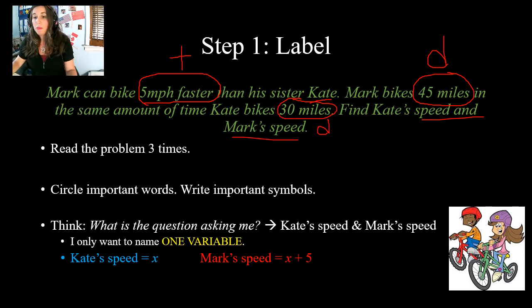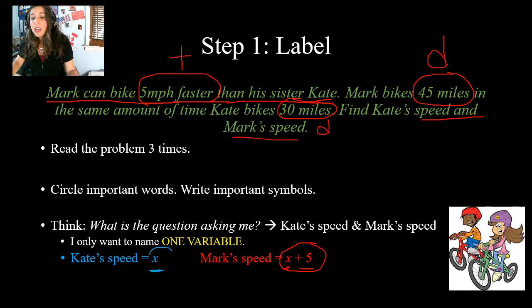Let's give it the variable name X. How do I write Mark's speed in terms of Kate's speed? Well, I know something about Mark's speed. I know that Mark can bike 5 miles per hour faster than his sister Kate. So if Kate's speed is X, well then Mark's speed is Kate's speed plus 5 miles an hour more. So Mark's speed we're going to write as X plus 5.